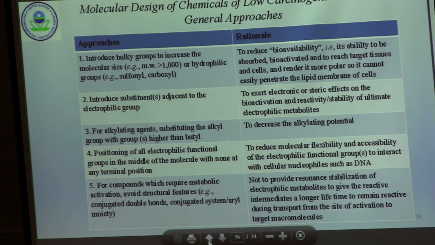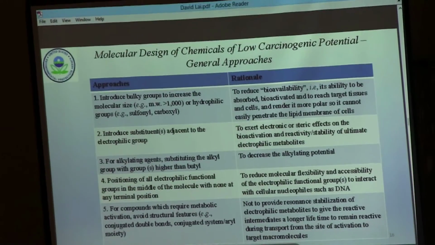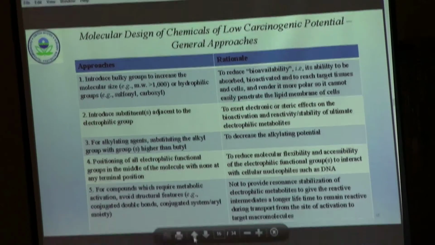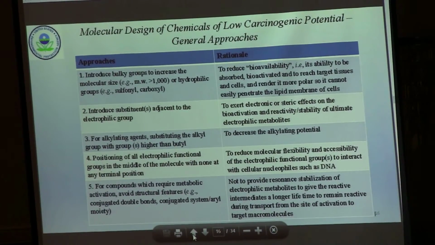In general, about 1,000 is the cutoff. If it's lower than that, you can increase it, make it bigger, or introduce a hydrophilic group like a sulfonyl group or carboxyl group. In that way, you reduce the bioavailability of the chemical and make it less absorbed and/or not bioactivated.